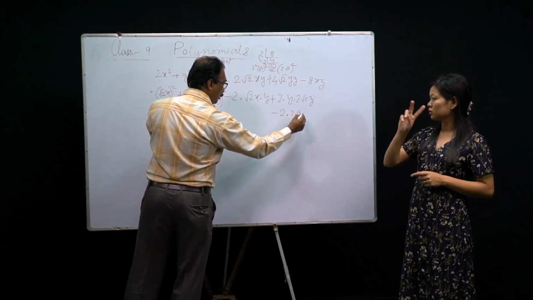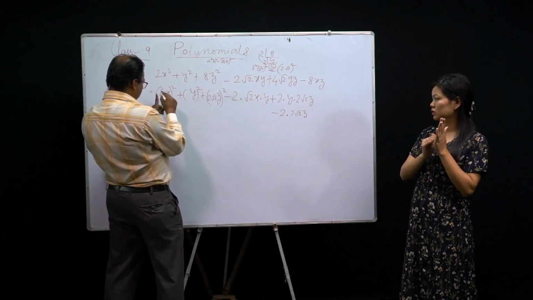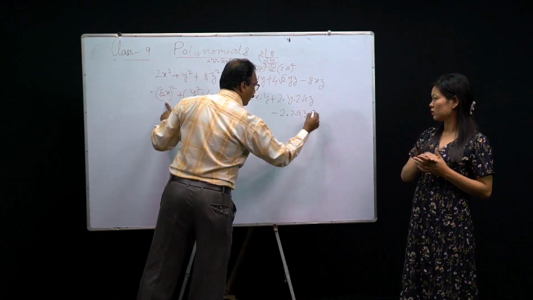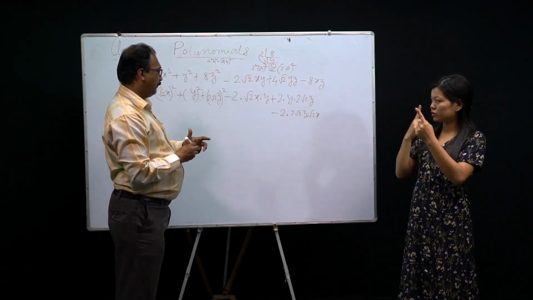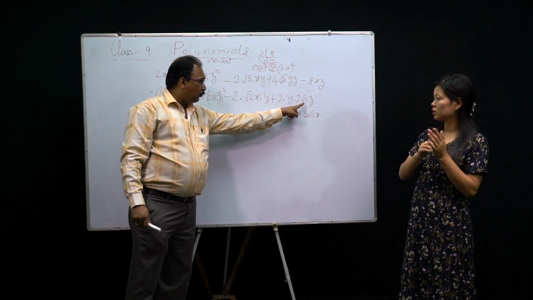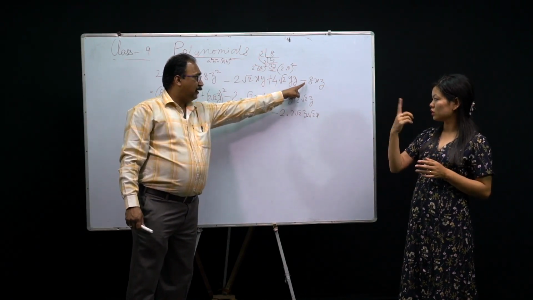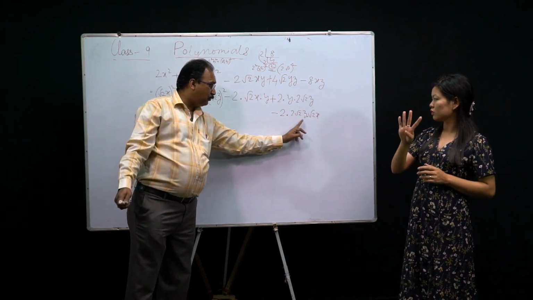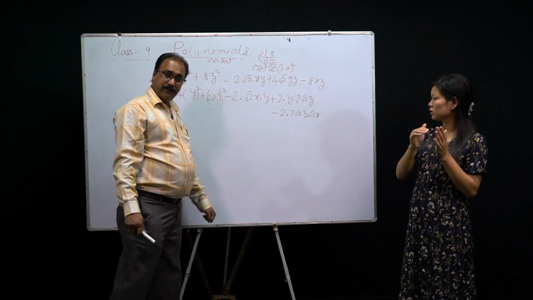There is 2 root 2z, third term into first term, root 2x. Now you check whether this is coming or not. Look here: 2 root 2 xy is coming. 2 twos are 4 root 2 yz. Now it is 8: 2 twos are 4 and root 2 twos, 4 twos are 8. Clear?